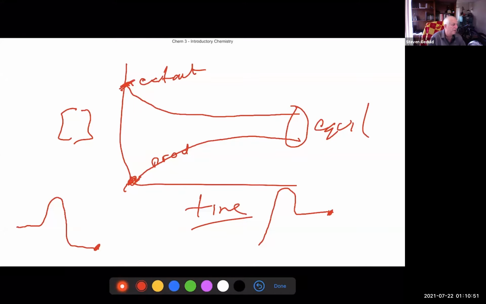So if we had the reaction of acetic acid is a weak acid. So C6H5O2H, benzoic acid, goes to H plus and C6H5O2 minus.